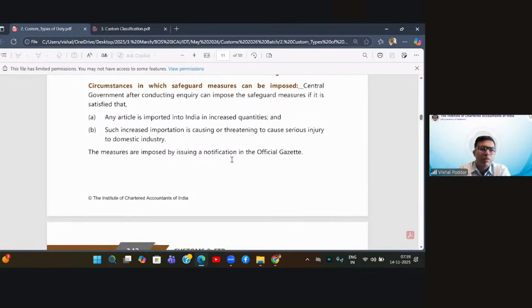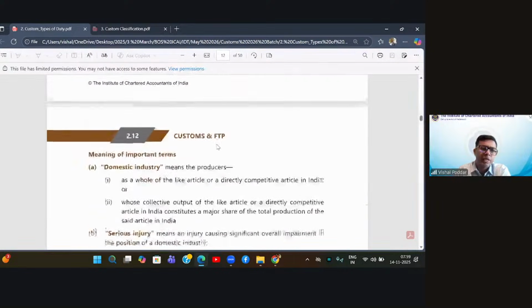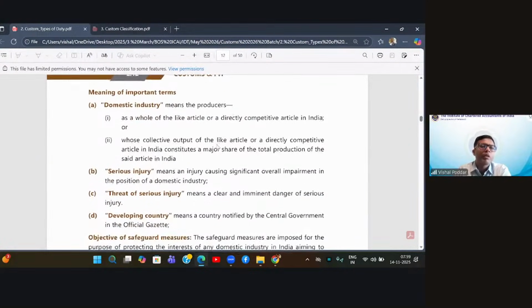Wherever the government has conducted an inquiry, and through this inquiry the government gets a report which says that some goods are being imported into India in huge quantities, and second, the report says such increased quantity of importation has caused or is threatening to cause serious injury to our domestic market, domestic industry, then the government can impose this safeguard duty.